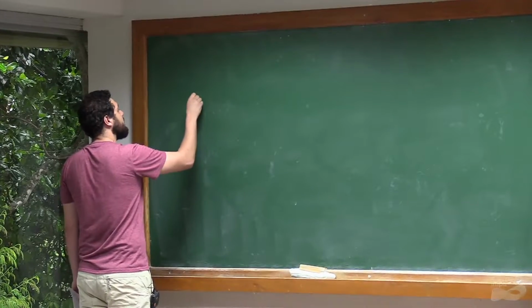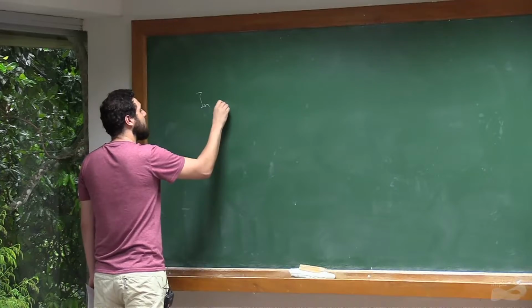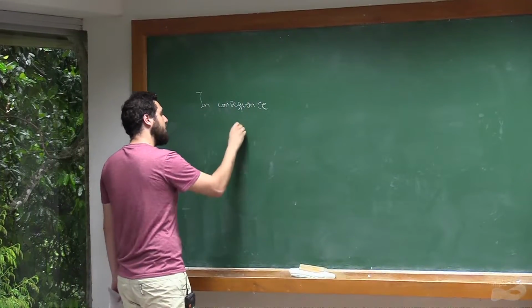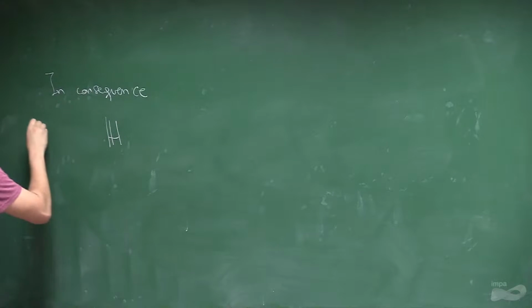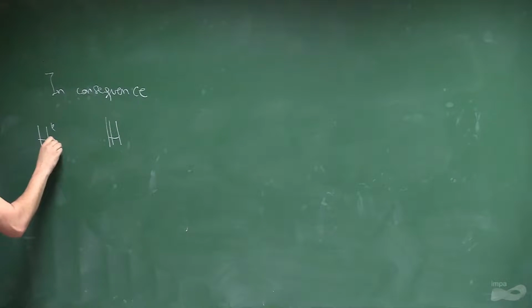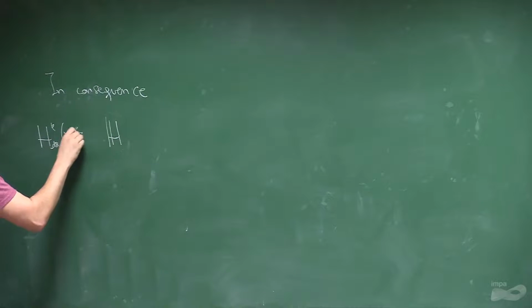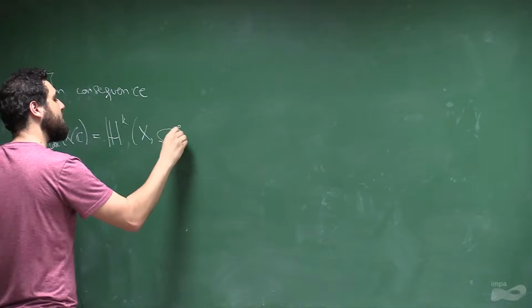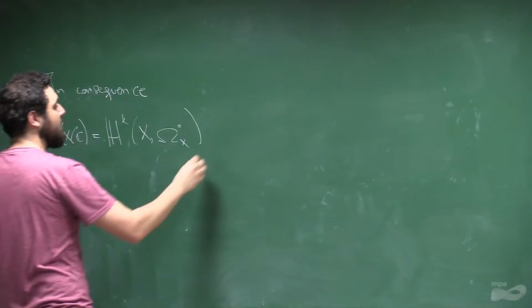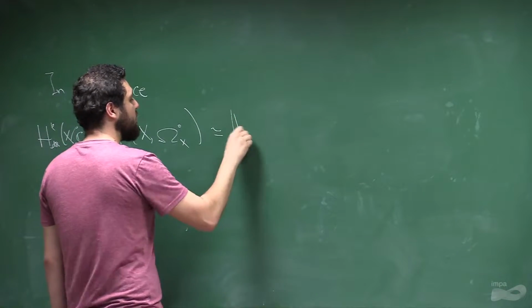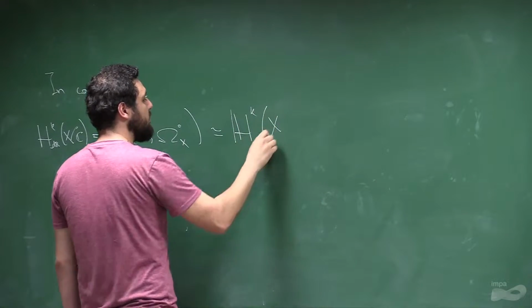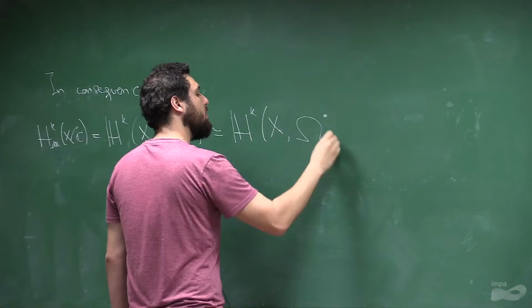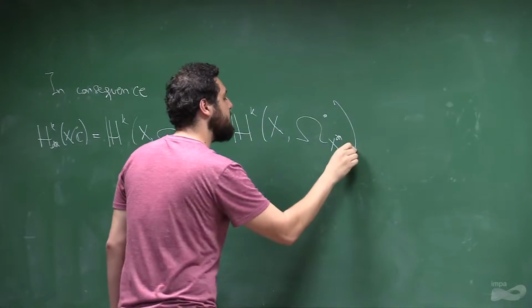So in consequence, the algebraic de Rham cohomology of X over C, that is just the hypercohomology of X with coefficients in the complex of algebraic differential forms, is isomorphic to the hypercohomology over X with the Zariski topology of the complex of analytic differential forms.